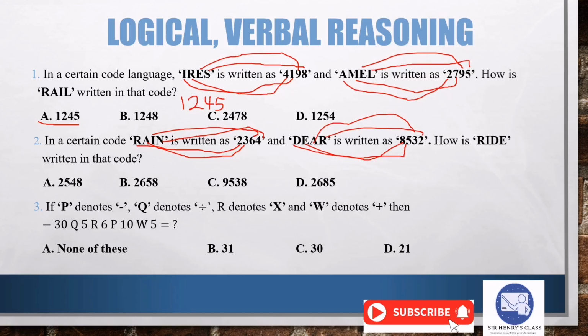So let's find RIDE. How is RIDE written in that code? R in this code represents 2, so 2, not 1.